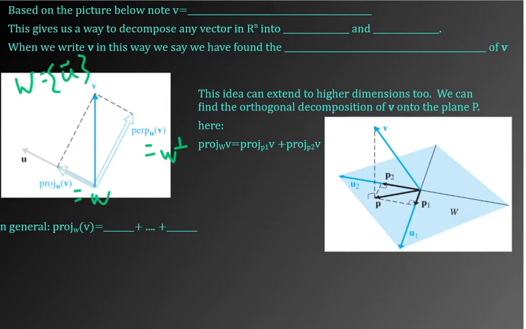So I could just call this vector W perp and this vector W. And so based on this image, you can see V can equal W plus W perp, okay?